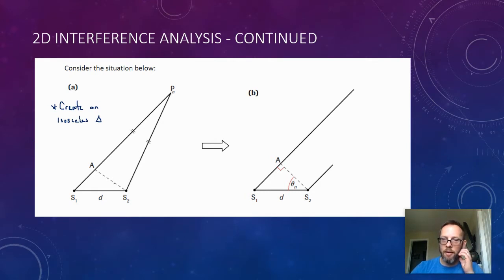By doing that, the path difference actually becomes visible. The path difference is the distance from A to S1. A is the point that represents the path difference, because the distances from S2 to Pn and from A to Pn are the same. That means from A to S1 has to be the path difference. So AS1 is our path difference.